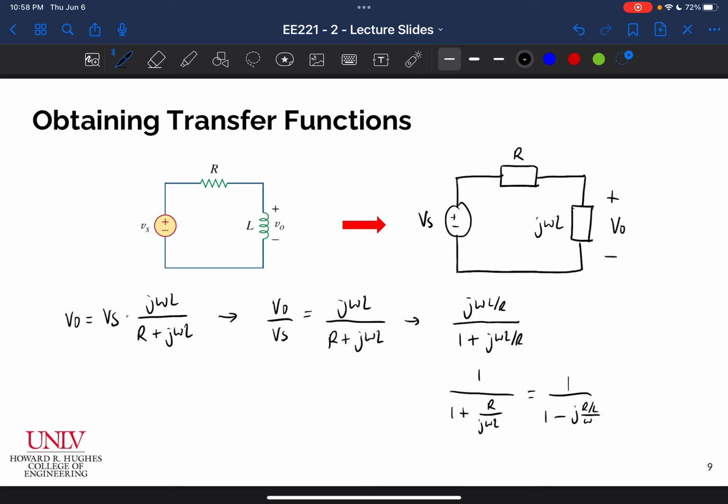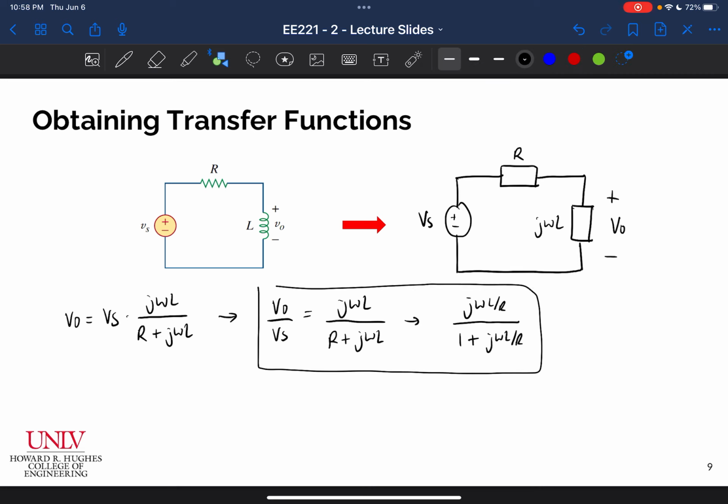Yeah, so that's getting pretty ugly, so there's no real reason to go this deep. We can just leave it just like this, and we can say that either one of these is our transfer function for the RL circuit.